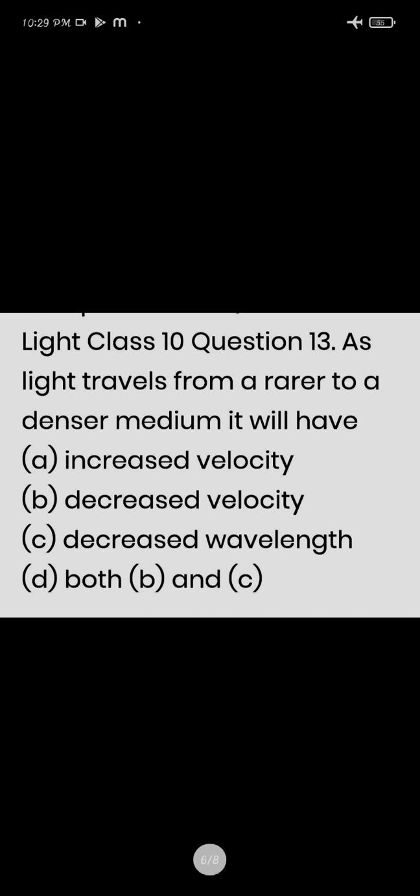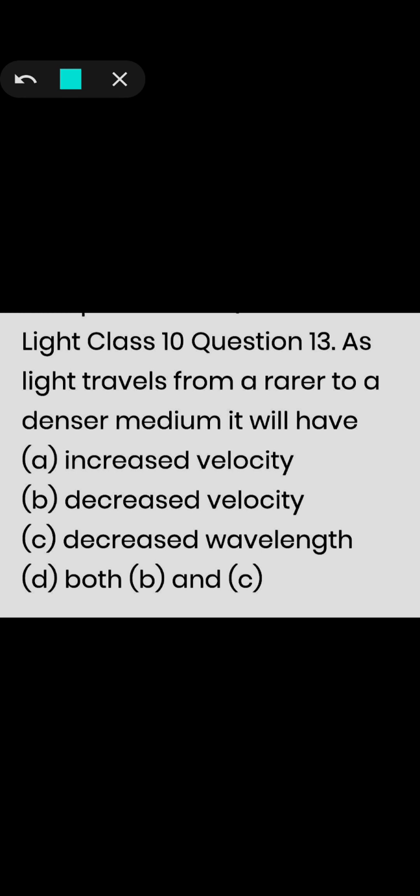Now the next question: light travels from a rarer to a denser medium, it will have dash. We know that whenever the light ray moves from the rarer to the denser medium, the velocity will decrease, because the obstructions will be larger for that denser medium. This is the point where the velocity is decreasing.